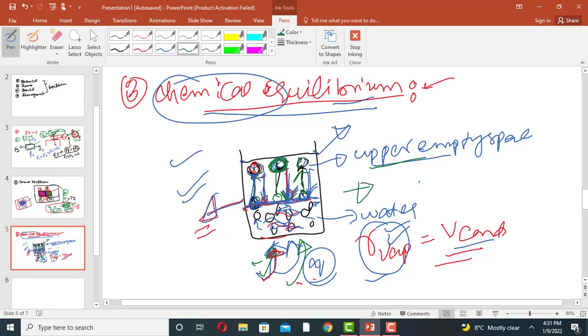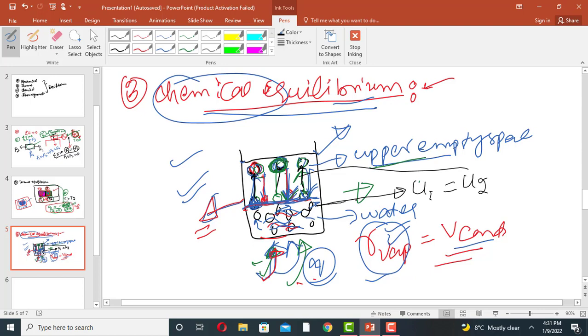So the escaping tendency is nothing but the chemical potential. So after a certain time, the chemical potential of the liquid phase will be equal to the chemical potential of the upper phase, the vapor phase.